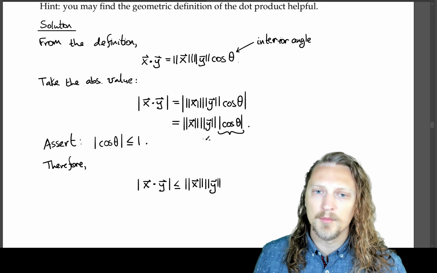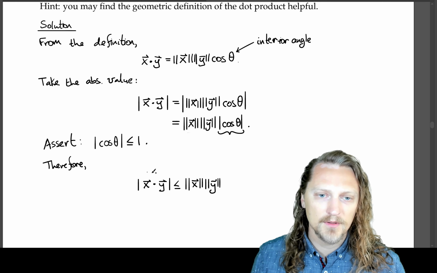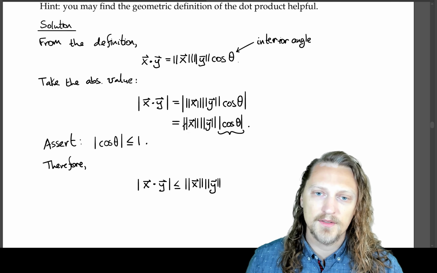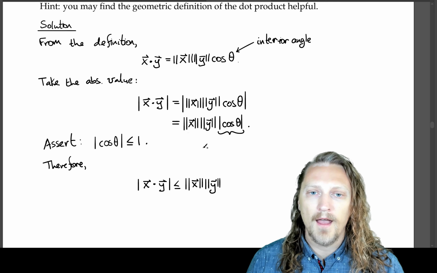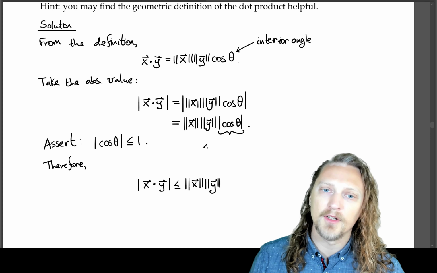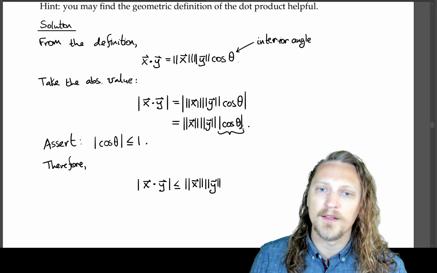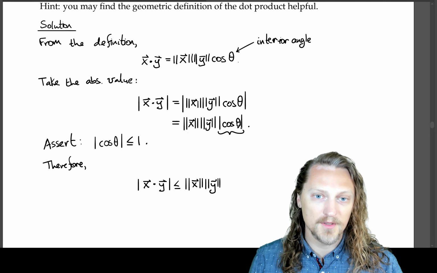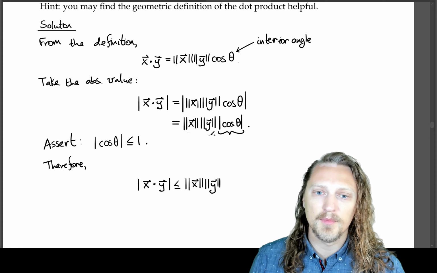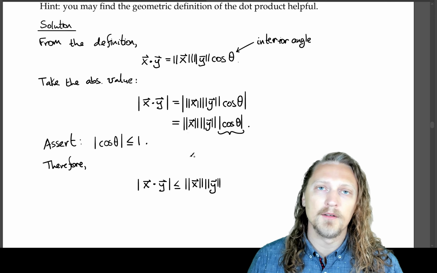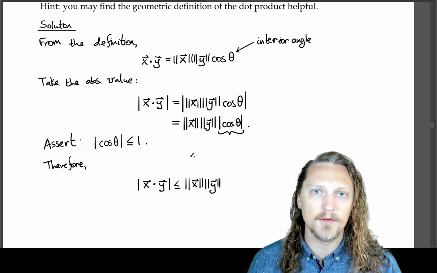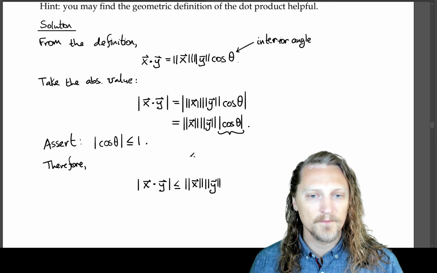And that's clear because we can compute the absolute value of x dot y from this expression. And this expression, when theta is equal to 0, when cosine is at its maximum, when cosine is at 1, it's simply equal to the magnitude of x and magnitude of y, or the norm of x times the norm of y.